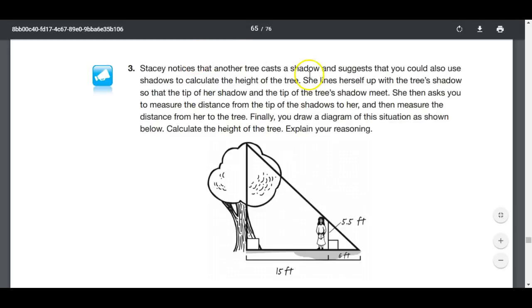Here's another one. You could just use the shadows. This happens too, and this is a really good way to do it if you don't have a mirror. You know that the sun is coming at a regular angle, and the same angle that your shadow creates with the sun is the same angle that it does for the tree.